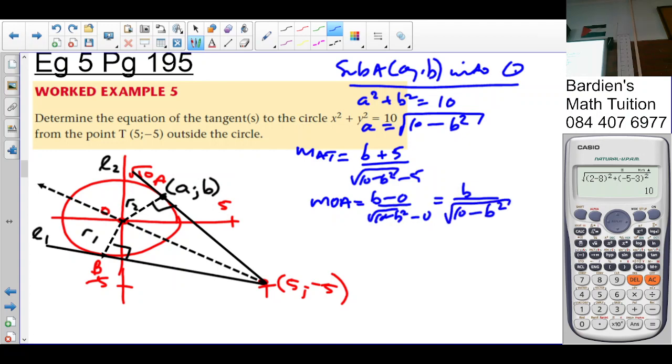Since they are perpendicular here, the product of the two gradients is negative 1. So in other words, you have B plus 5 over the square root of 10 minus B squared minus 5, times B over the square root of 10 minus B squared, is equal to negative 1, because they're perpendicular.